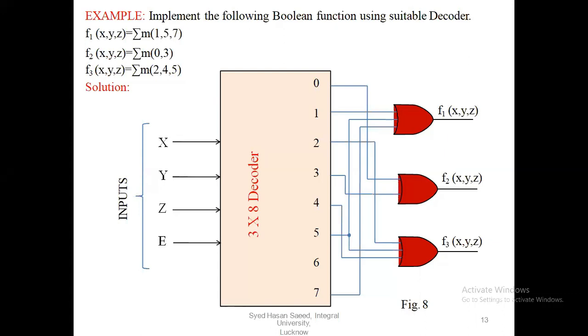S of x, y, z is equal to summation of 1, 2, 4, 7, and the next function, C of x, y, z is equal to summation of 3, 5, 6, 7.